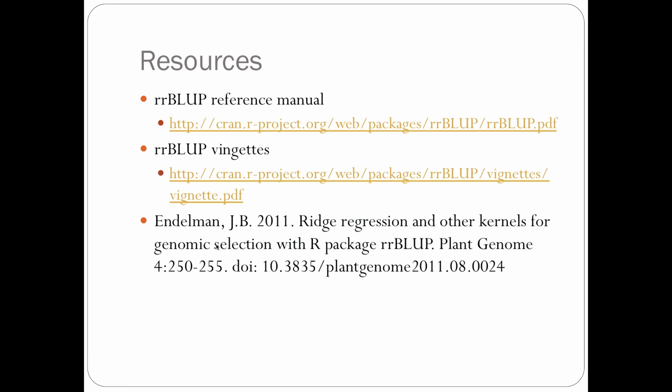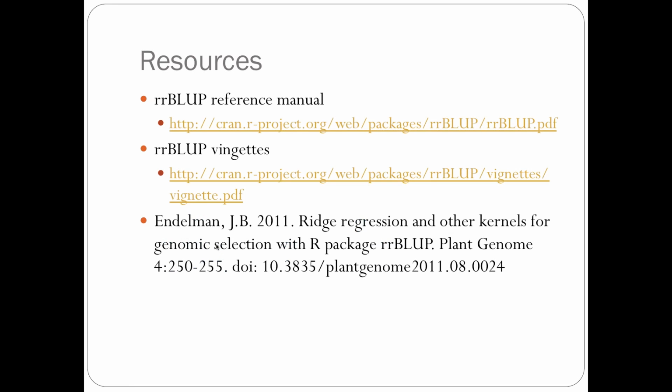So there are a lot of resources for R available. The rrBLUP reference manual and the vignettes online are very helpful. These show examples of how to run rrBLUP and explain all of the variables that go into the equations and that go into the code.